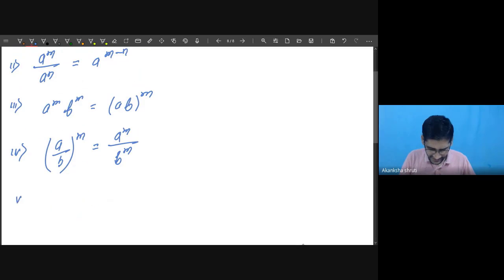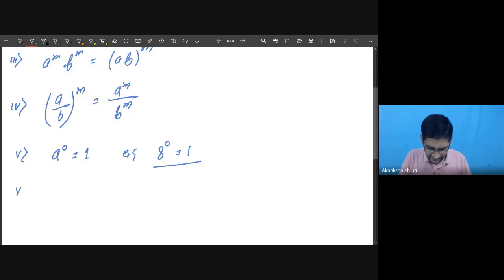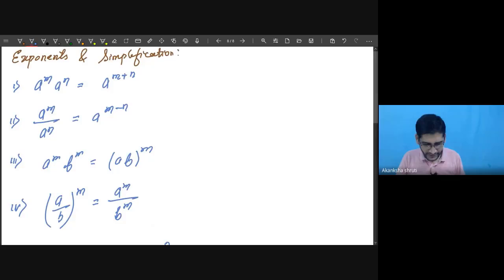Students, then a few more things: any number with the power 0, this value is always 1. For example, 8 to the power 0, the value is 1. Okay, student. The sixth one is, if we have some negative power, a to the power minus n, it means it is 1 by a to the power n. Get it? So these are the few important laws of exponents that we are using.